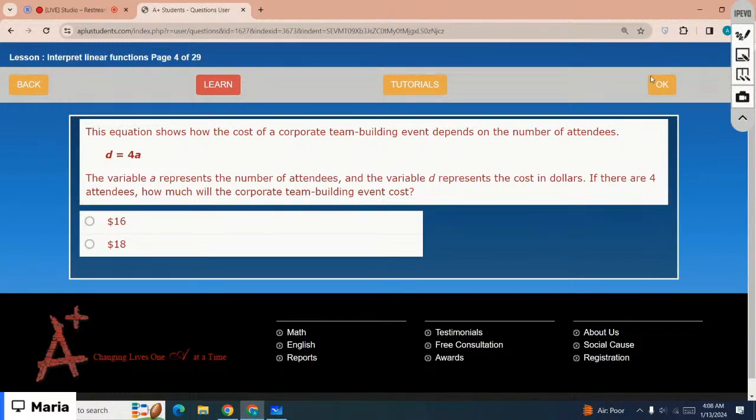Okay, the next one is this equation shows how the cost of a corporate team building event depends on the number of attendees. D equals 4A. The variable A represents the number of attendees and the variable D represents the cost in dollars. If there are 4 attendees, how much will the corporate team building event cost? So, which is the correct option?